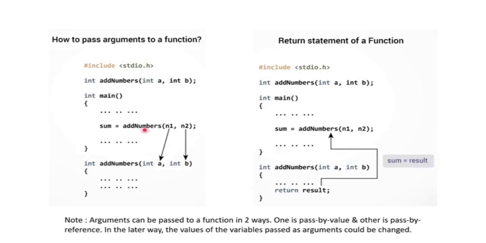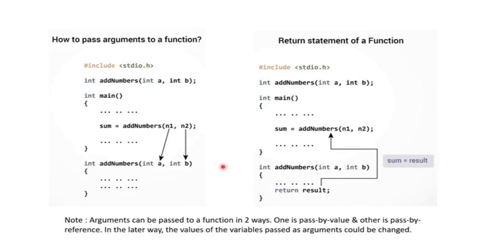Suppose n1 and n2 are passed by value, then the value present in n1, that copy will be passed. But pass by reference means the actual variable address will be passed, and while changing the value present at that address, the value of n1 and n2 will also change. So this is the difference between pass by value and pass by reference.